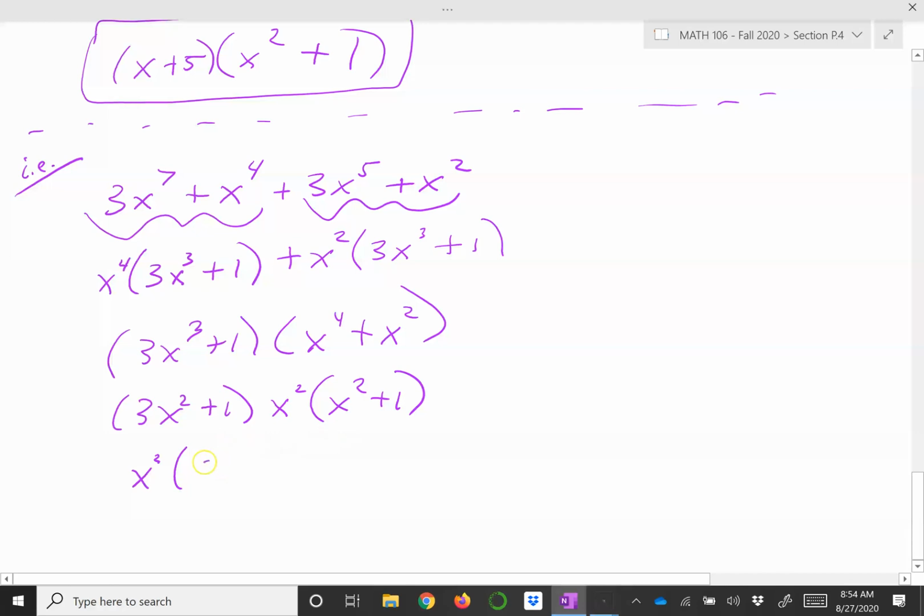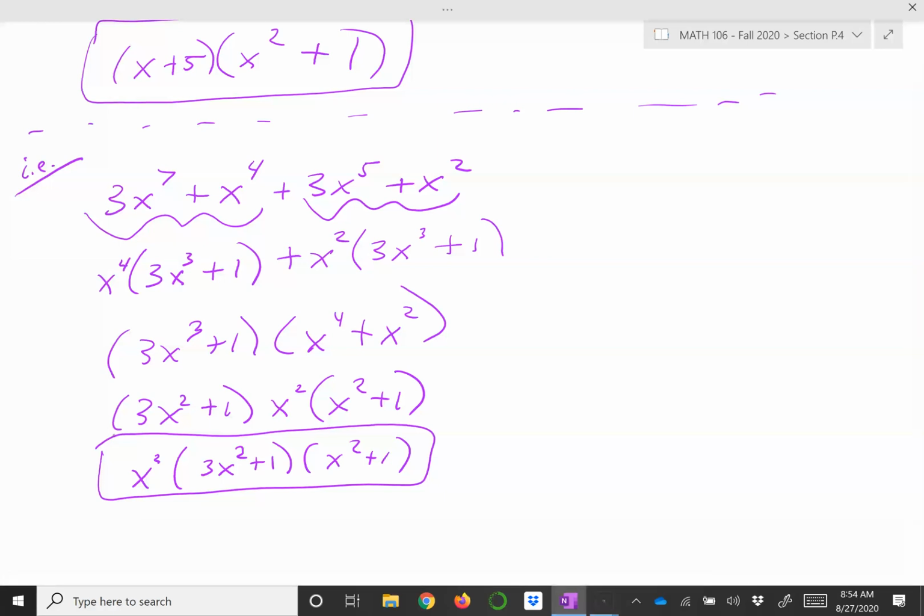And then which one you put next doesn't matter. And then just ask yourself, can you factor x squared plus 1? You cannot. Okay? So that's it. That one's done. So just be aware when you're factoring by grouping, at the end, ask yourself, can I factor those two binomials any further? Okay.